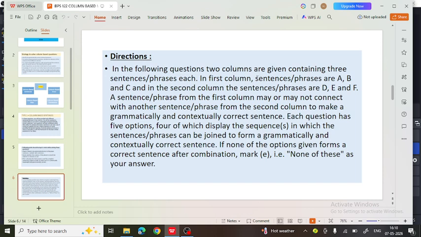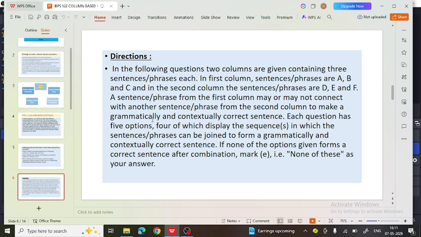In the first column, the sentences or phrases are numbered A, B and C, and in the second column they are denoted as D, E and F. A sentence or phrase from the first column may or may not connect with a sentence or phrase from the second column to make a grammatically and contextually correct sentence.